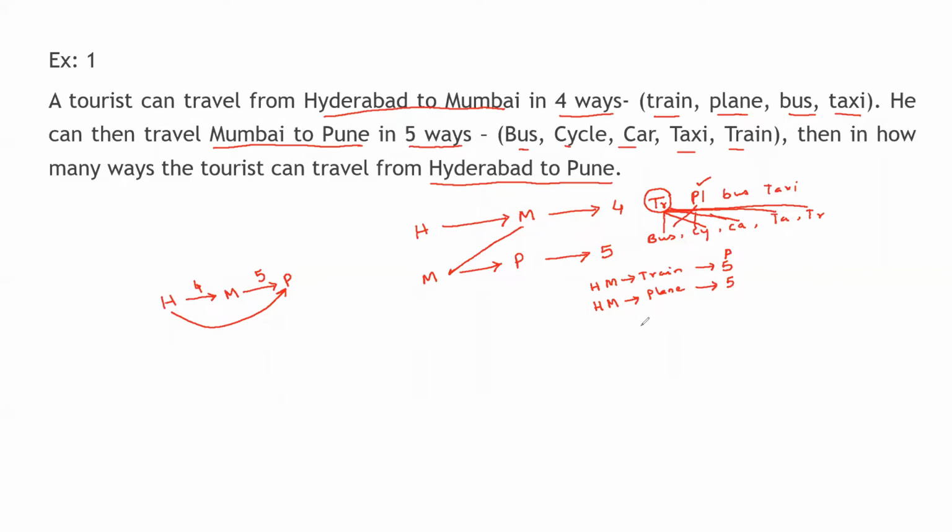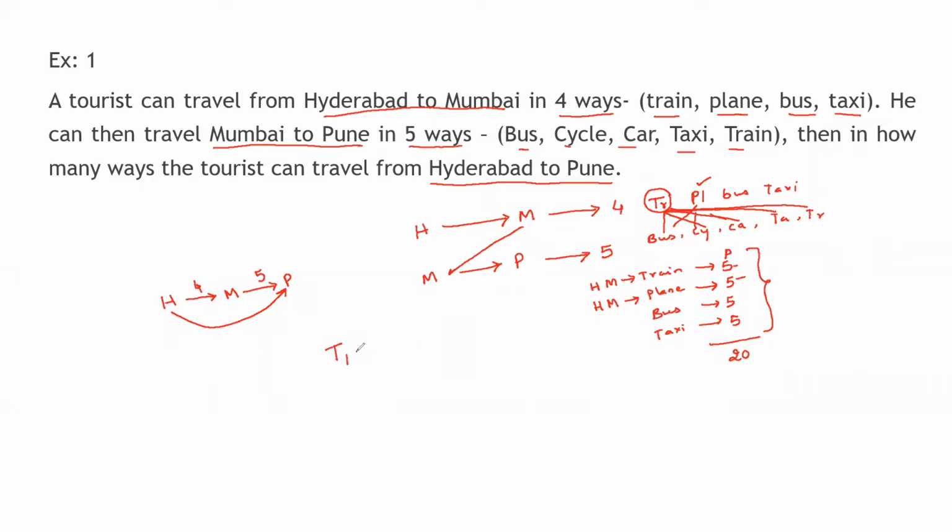If I use bus to reach Mumbai, then also I'll get 5 options to reach Pune. If I use taxi, then also I'll get 5 options. So in total, how many ways are there? 5 plus 5 plus 5 plus 5, so total 20 ways.